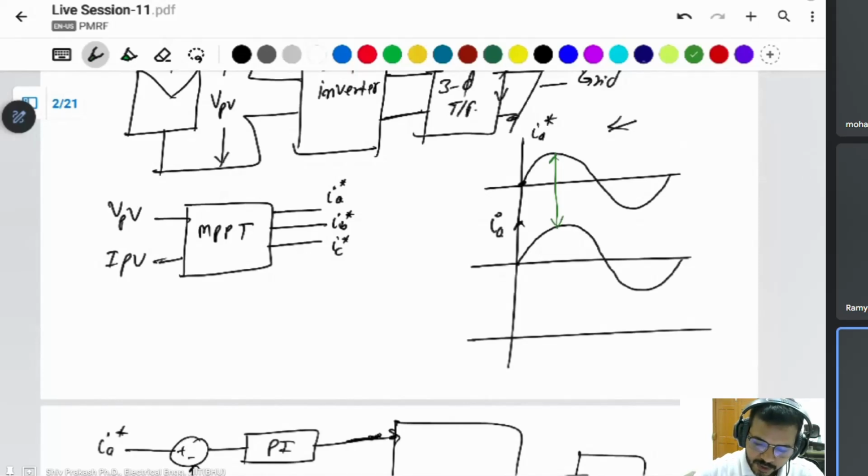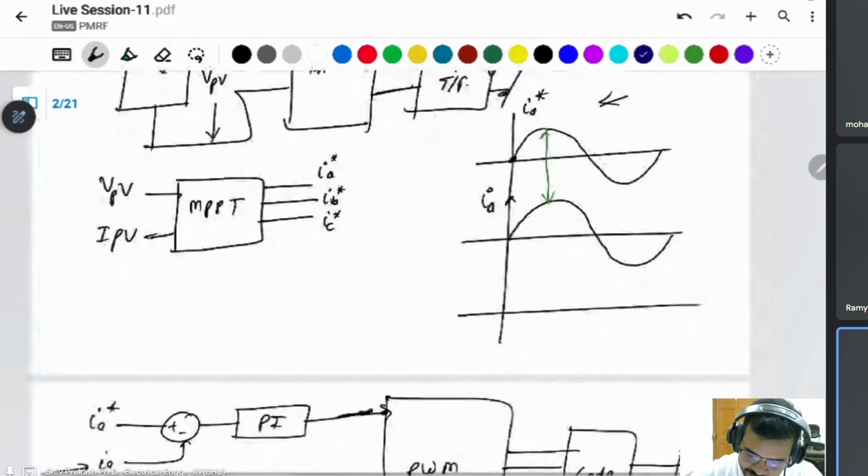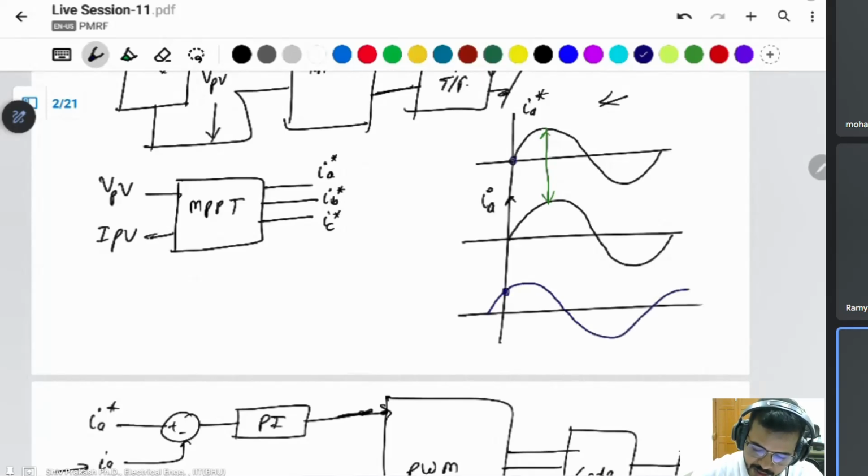But suppose the two currents are not in phase, then what happens? Suppose this current is flowing like that, starting from here, but your reference is here. How can it track both?